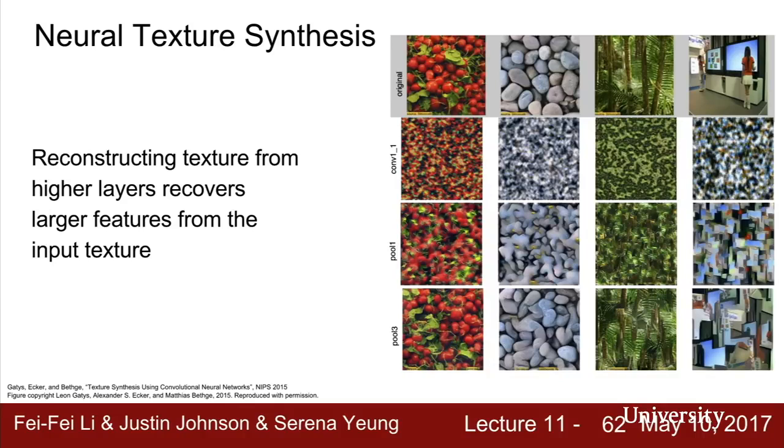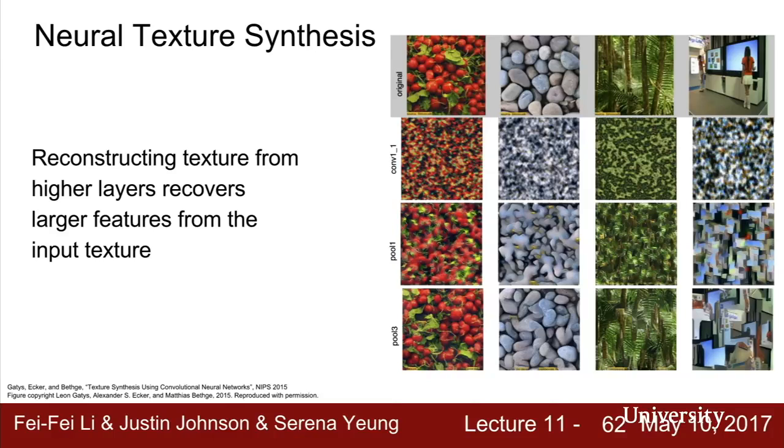So this was all from a NIPS 2015 paper by a group in Germany, and they had some really cool results for texture synthesis. Here on the top, we're showing 4 different input textures, and on the bottom, we're showing the result of this texture synthesis approach by Gram matrix matching, computing the Gram matrix at different layers of this pre-trained convolutional network.